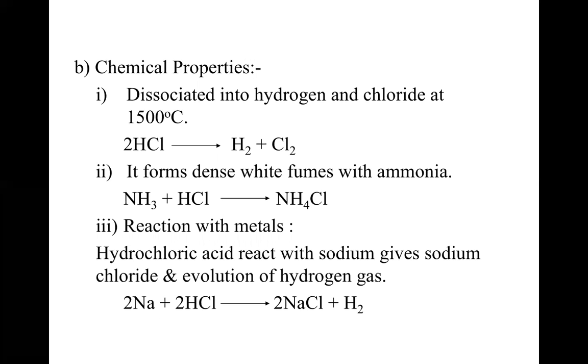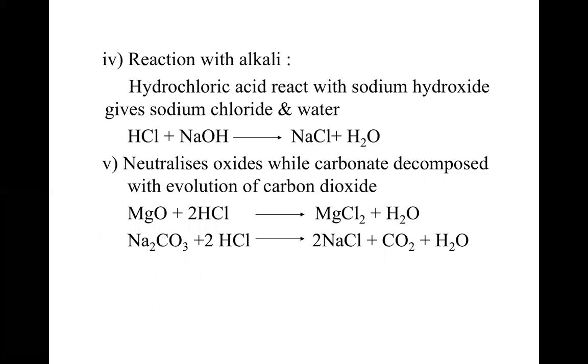Third, it reacts with various metals. Hydrochloric acid reacts with sodium, giving sodium chloride and evolution of hydrogen gas. Fourth chemical property is reaction with alkalis. Hydrochloric acid reacts with sodium hydroxide and gives sodium chloride and water.